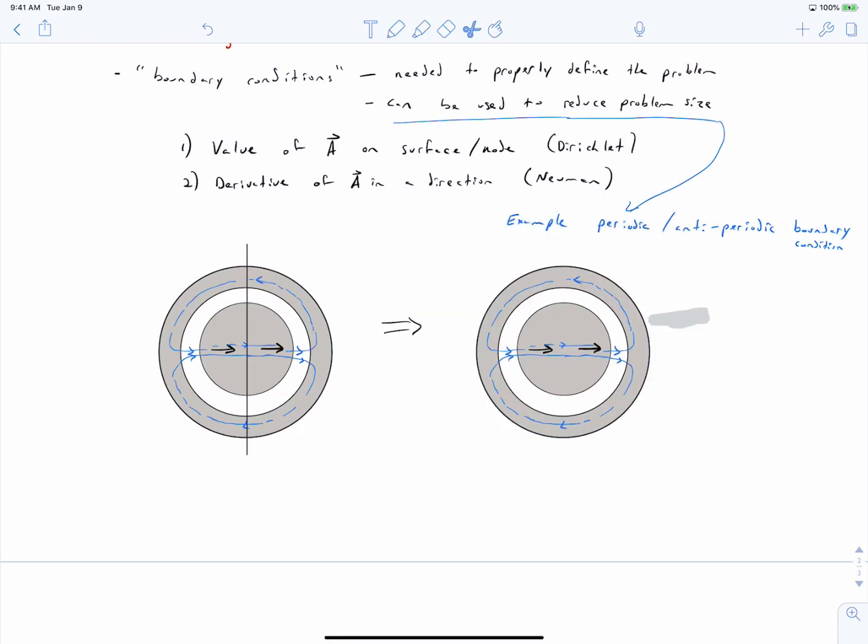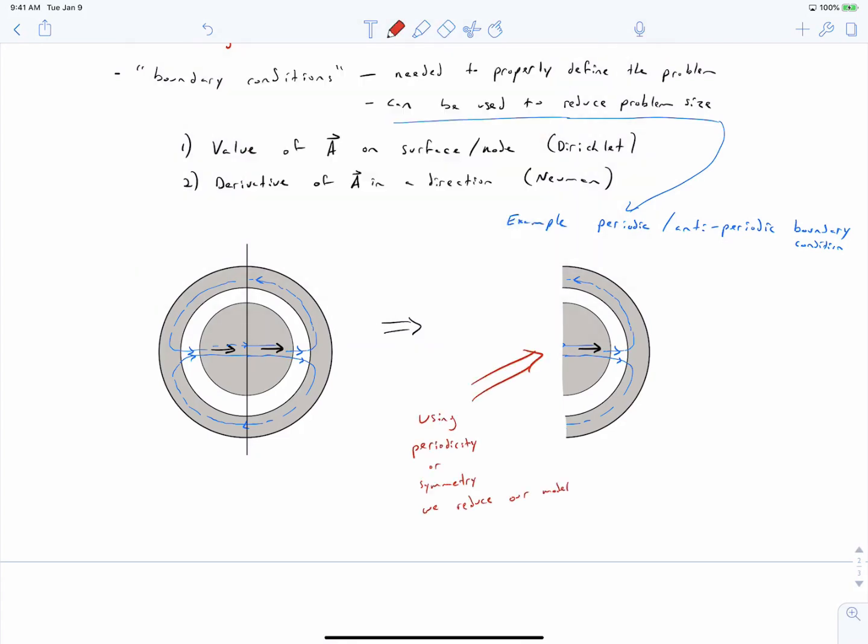And so if we pose a periodic boundary condition, we can model only half of our model. And so this will be described more later in the course, and as you work through examples using your FEA tool, you'll be confronted with situations where you have to impose periodic or antiperiodic boundary conditions in order to simplify your geometry.